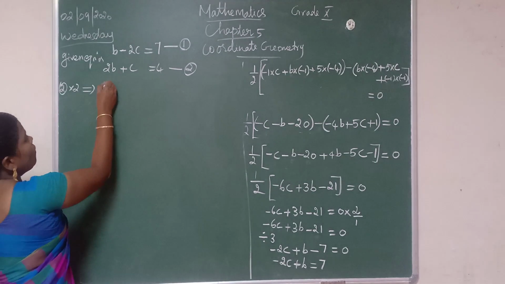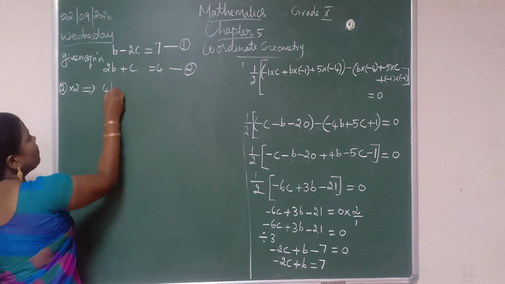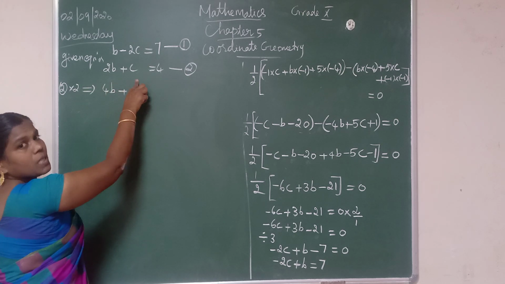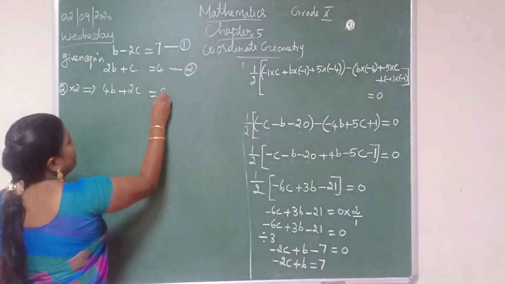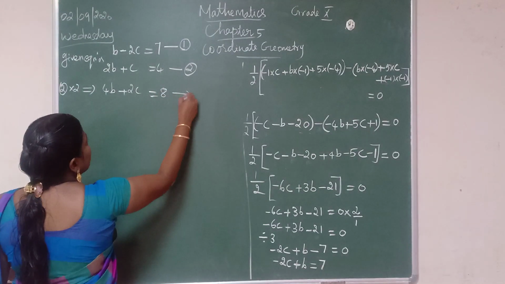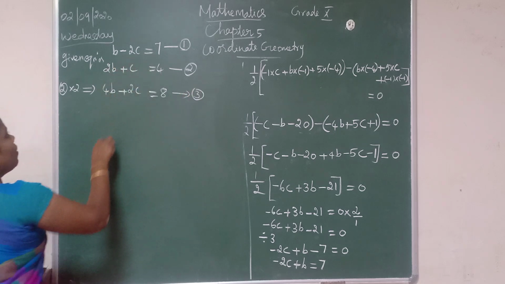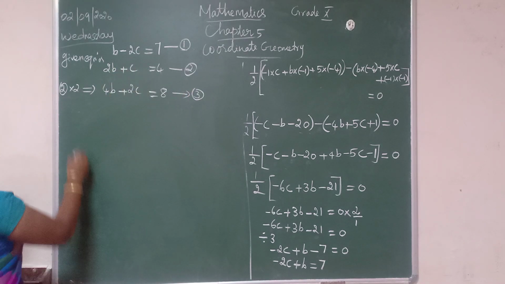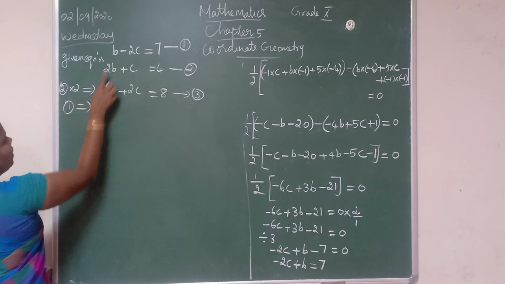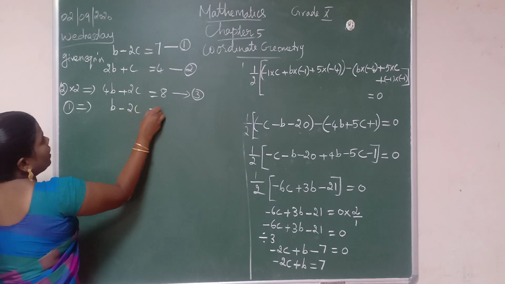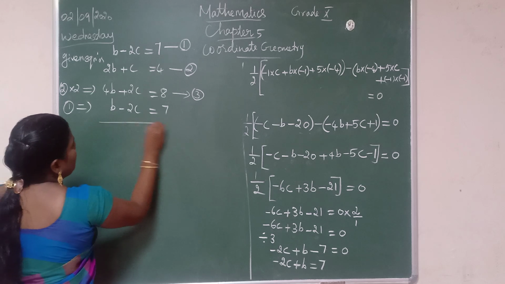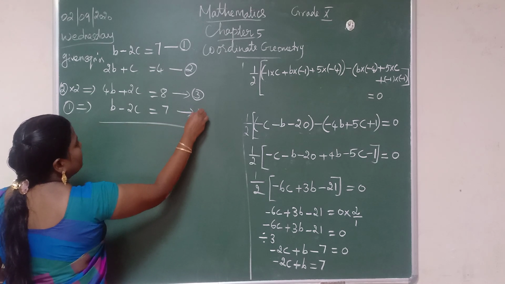So what we get now? 2 into 2b is 4b, plus 2 into c is 2c, equal to 2 into 4, 8. Now it becomes equation number 3. Now equation 1: b minus 2c equal to 7.